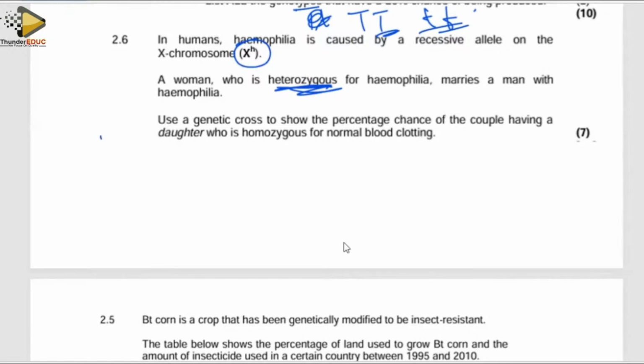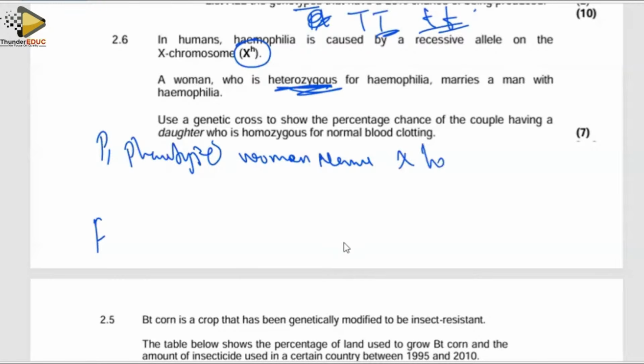So it's going to be P1, F1, for example. Phenotype is going to be a woman, heterozygous, normal for hemophilia, crossed with a man who is hemophilic, meaning a hemophilic male.